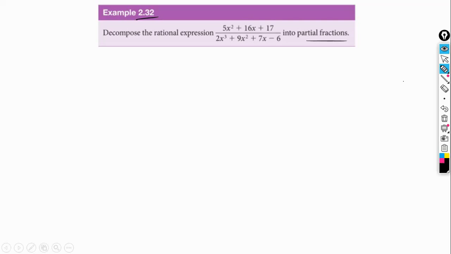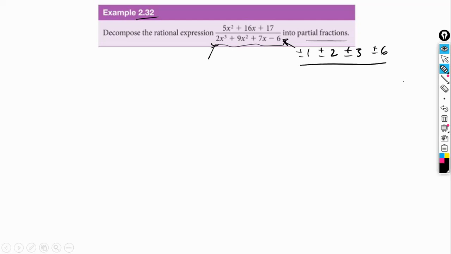So the possible roots of this polynomial are going to be the factors of 6 divided by the factors of 2. So notice that 6 can be divided by plus minus 1, plus minus 2, plus minus 3, and plus minus 6.